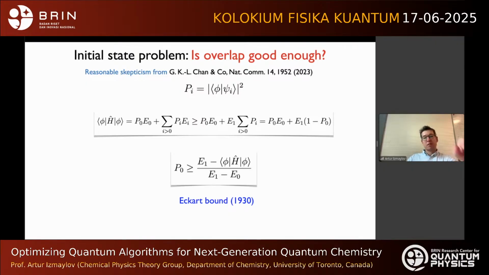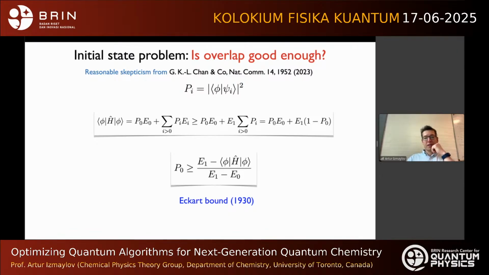With a few inequalities one can start with the expectation value of the Hamiltonian with this phi as the initial state that you prepare, right? It will be a linear combination of eigenenergies with overlaps. And then if you substitute all the excited state energies Ei by just the first excited state E1, that just decreases the value of the sum. Then you could rearrange so that you complete the sum over the Pi to 1 minus P0, right?